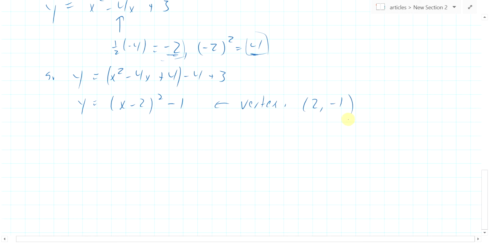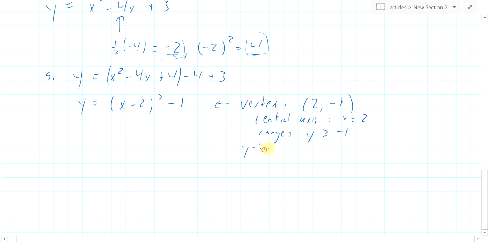And then it's not been rescaled. Oops, sorry. The central axis is x equals 2. The range, since it's not been flipped, right, we know that the range has to be bigger than the y value at the vertex, so y has to be greater than or equal to minus 1.